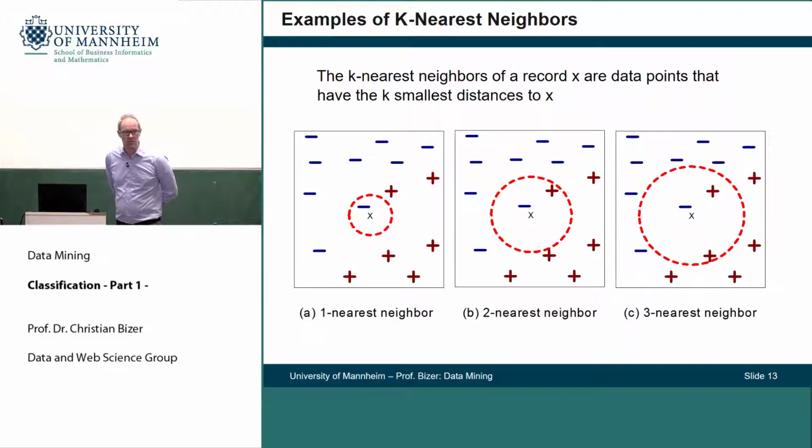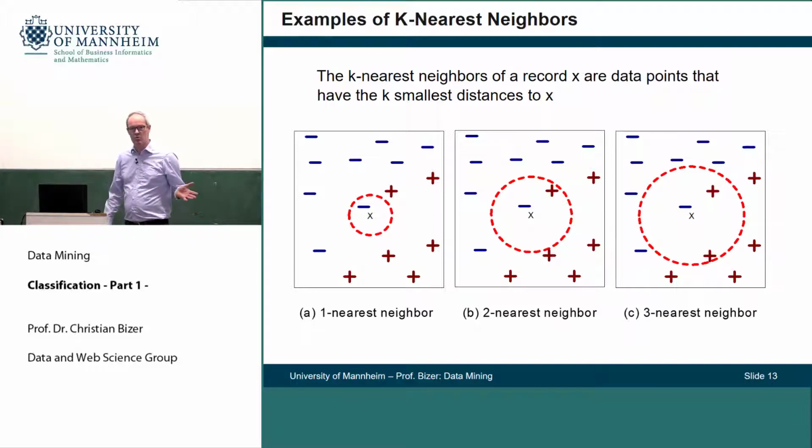Some examples, so we see the influence of the hyperparameter K. If we have K equal 1, the result can be strongly influenced by noise points. So we don't know if this 1 minus sign that's next to our cross is a real good point, or if it's just a noise point that happens to be in the data.